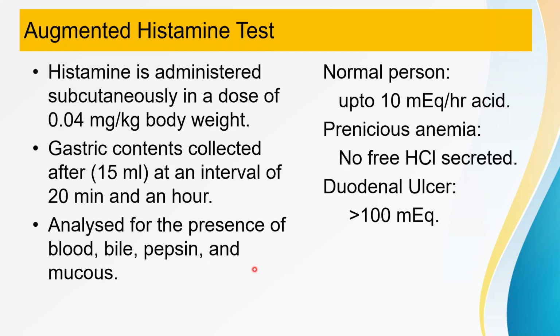In the case of pernicious anemia, no free HCl will be secreted. In the case of duodenal ulcer, more than 100 milliequivalent of acid will be secreted. So this is the interpretation.